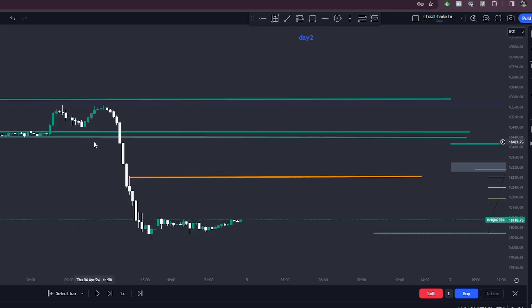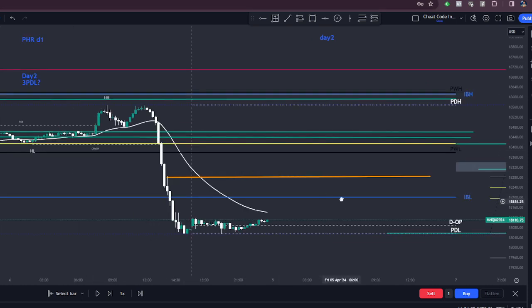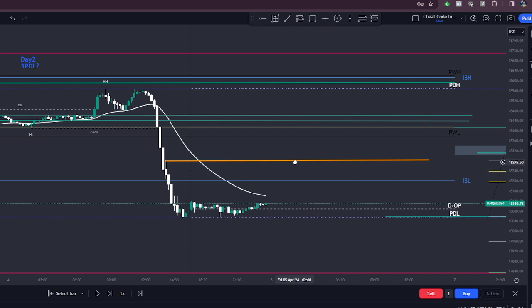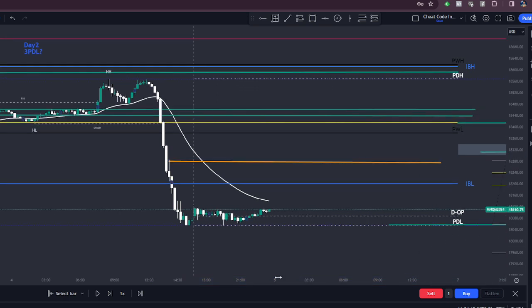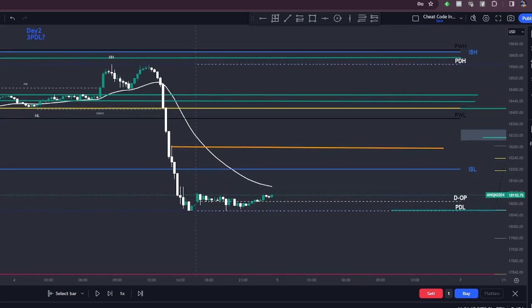Okay, so let me break down to M15. I'm just going to use this area here, guys. That's the only thing that I have available to me at this moment. And again, remember, we use the open price as entry.